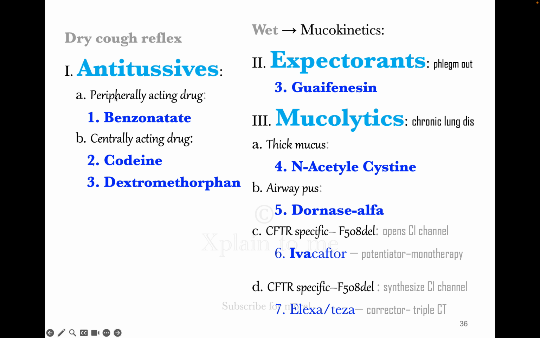So benzonatate is a drug which acts peripherally. How I remember is, this is controlling the vagus nerve signals, suppressing vagus nerve sensory signals so that they will not reach the brain, so that we can regulate or suppress cough. So how does benzonatate suppress vagus nerve signals? By blocking sodium channels.